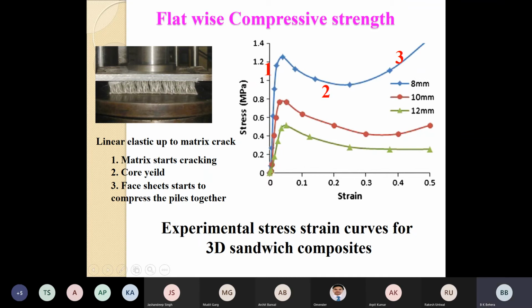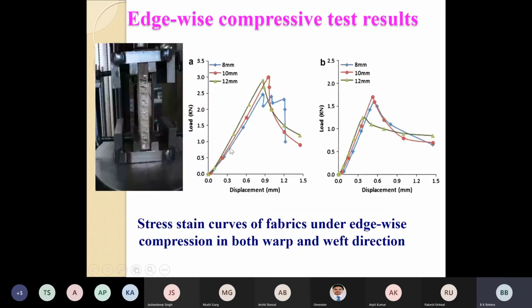This is a typical stress strain diagram of a spacer fabric based composite material compression test. You get a similar structure if you make it edge-wise. Here, edge-wise means it goes a long distance because it exerts high resistance to compression.